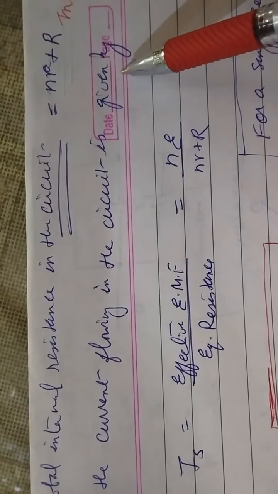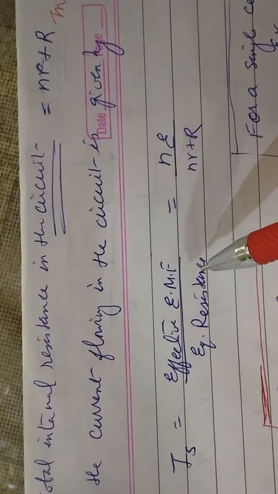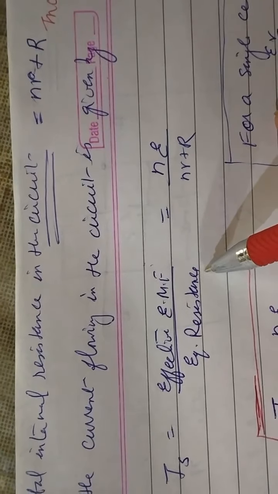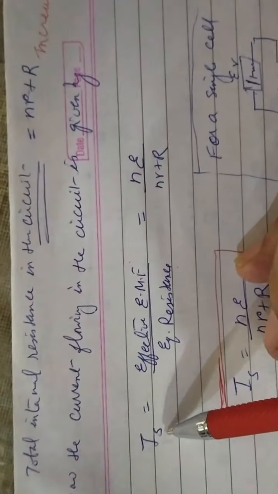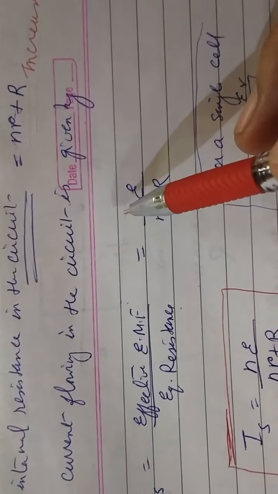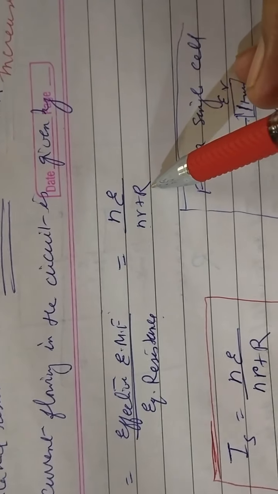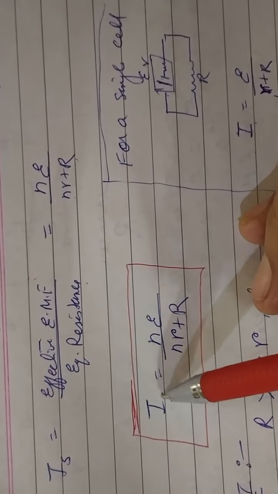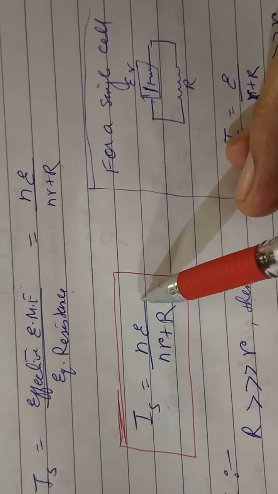So here also the total resistance is increased. Now the current flowing in the circuit is given by current equals potential difference upon resistance, that is, effective EMF upon equivalent resistance. So the current in series combination, I_s, is equal to the effective EMF nE upon the total resistance nr plus R. This is the current produced by n identical cells.